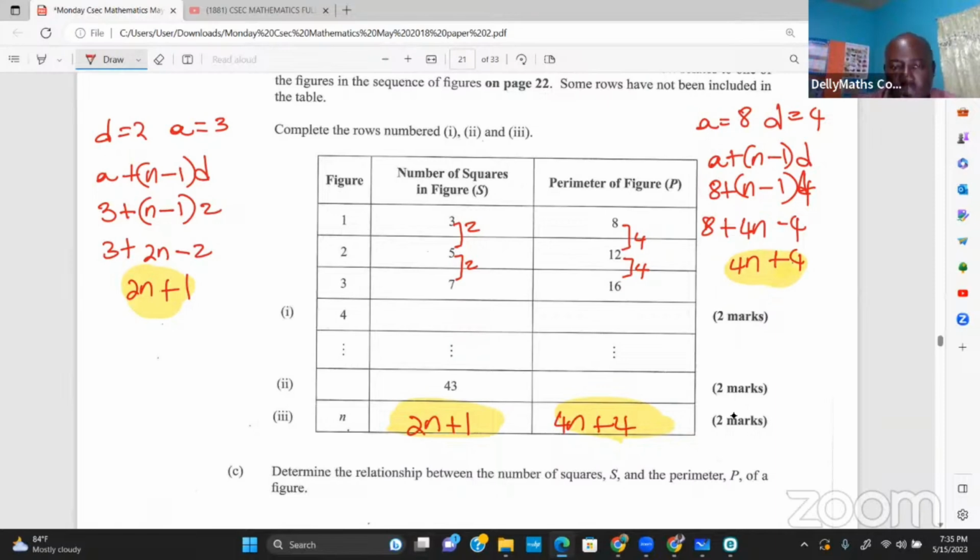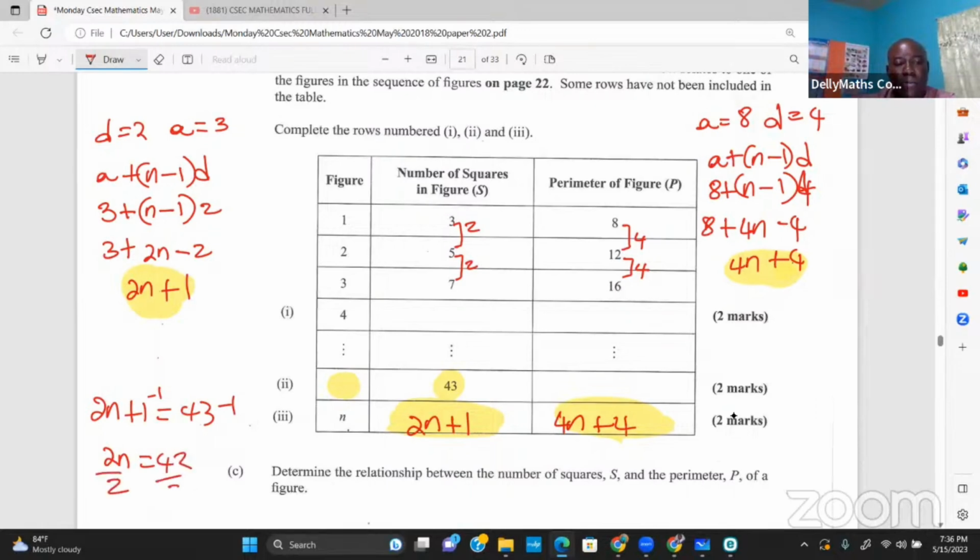So I'm going to use it now to fill out this blank spot here. The 43 is in the 2n plus 1 column, which means 2n plus 1 is 43. I need to find the n. So you minus 1 from both sides. 2n is equal to 42.